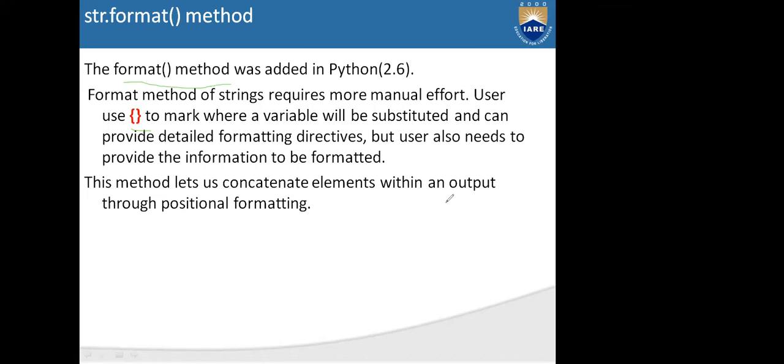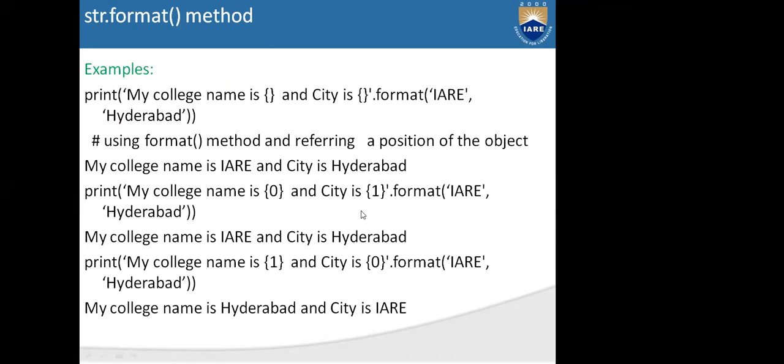The previous thing we call the output through the string modulo operator, right? So this is one of the string methods that can be used to output our format according to our need. For example, observe here: print, my college name is, I am putting parentheses, that's all. What is supposed to be written depends upon the format I am going to use, right?